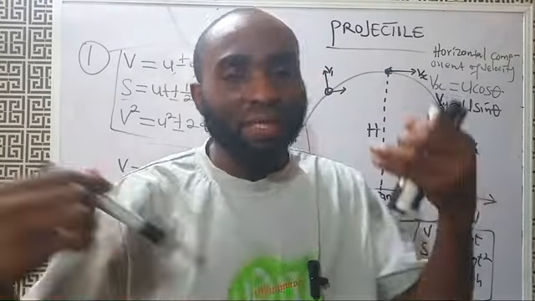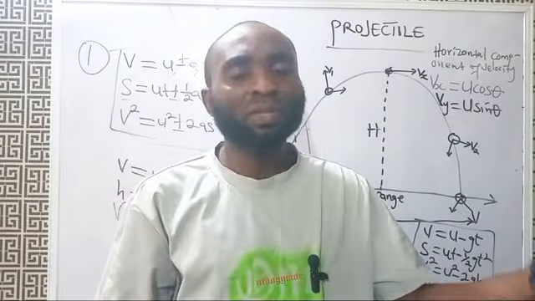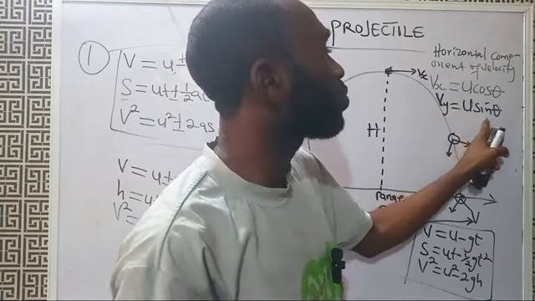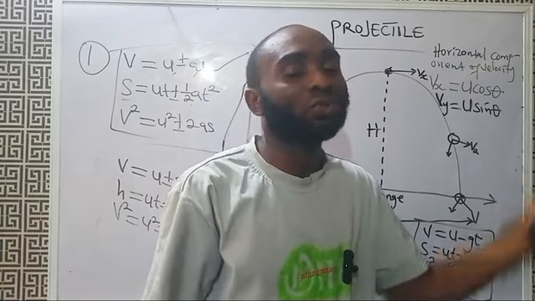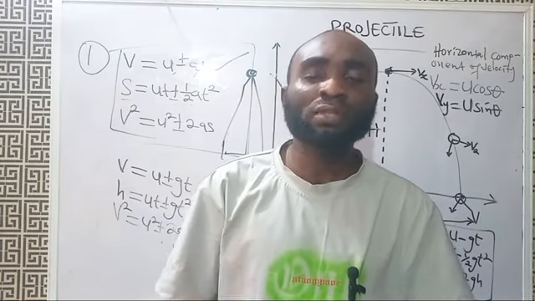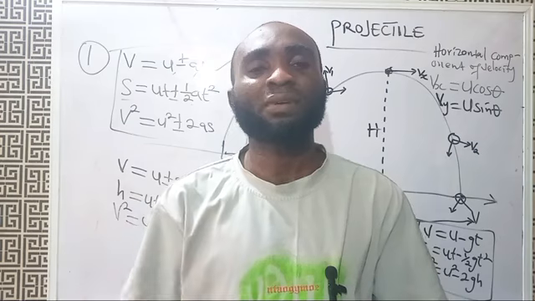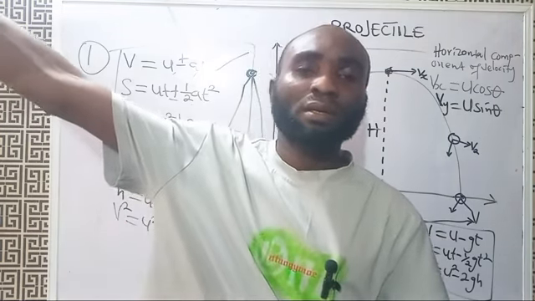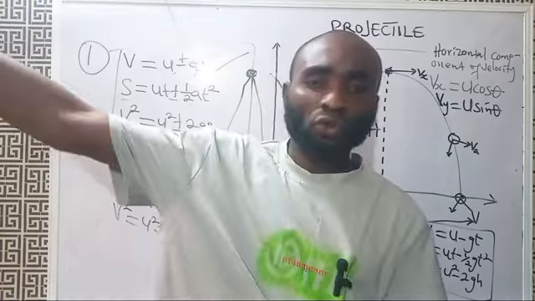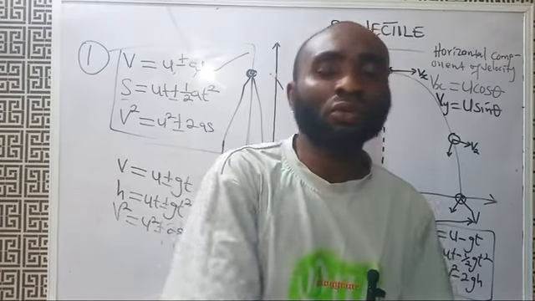Take those things at the back of your mind. And again, I explained that when you launch a projectile, it has two components of velocity: the vertical, Vy, which is u sine theta, and Vx, the horizontal component, which is u cos theta. For a body undergoing projectile motion, the horizontal component of velocity is constant. Why? It is because there is no acceleration in the horizontal direction.